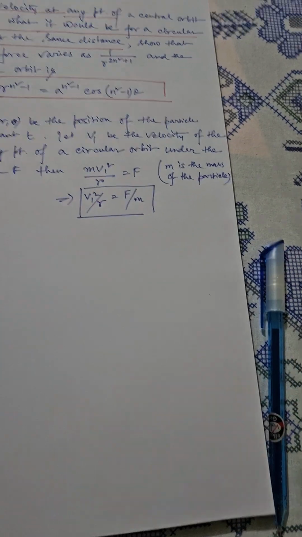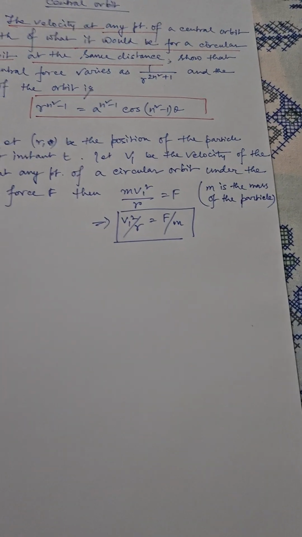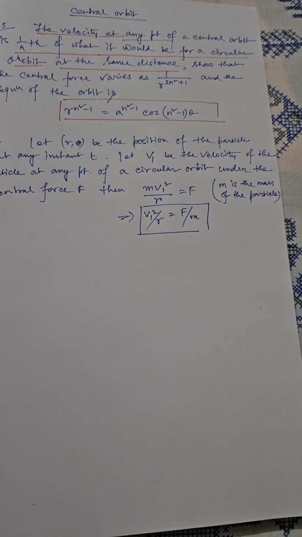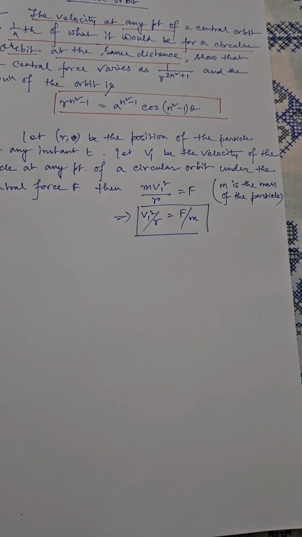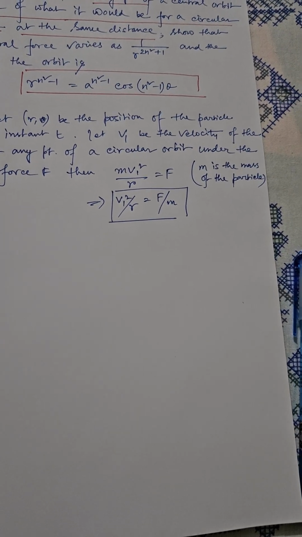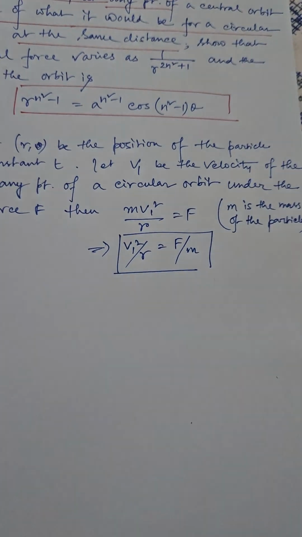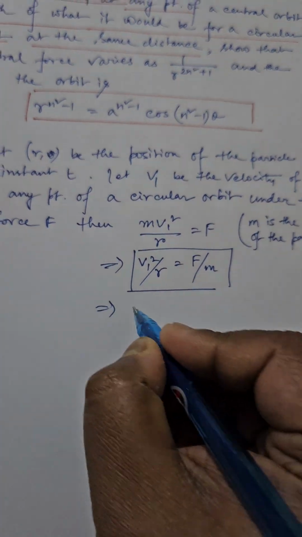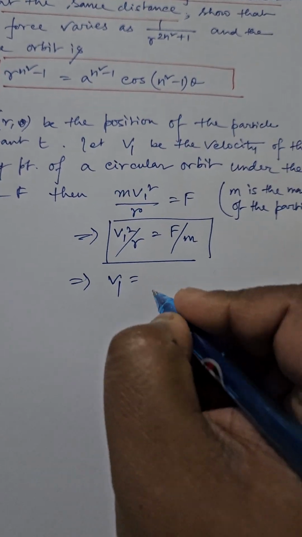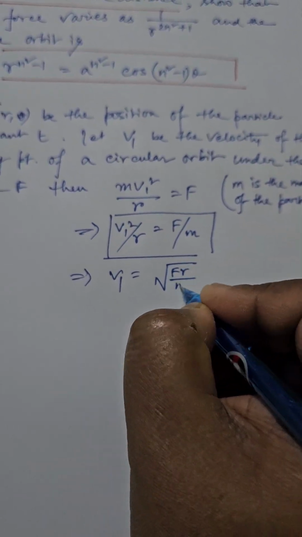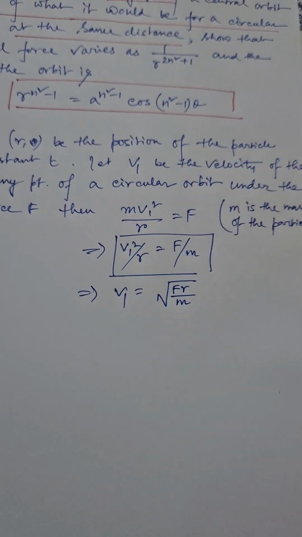So this is one possible condition. So if we assume m is the mass of the particle, then directly we have used the criteria m v square by r equals F, and from here v1 square by r equals F by m. Obviously you can find v1, which is nothing but root over F r by m. So this is the first equation. We have to utilize it.